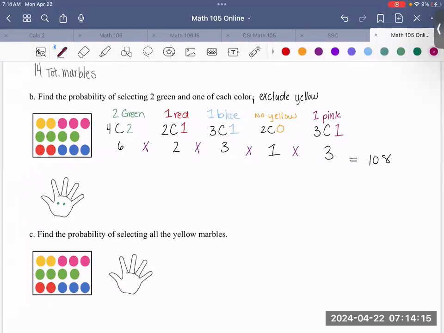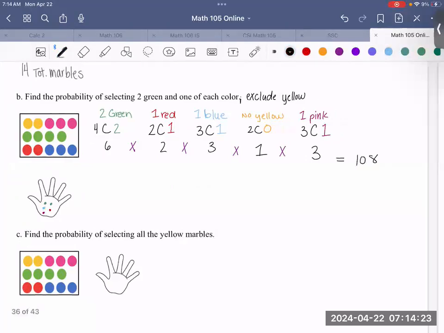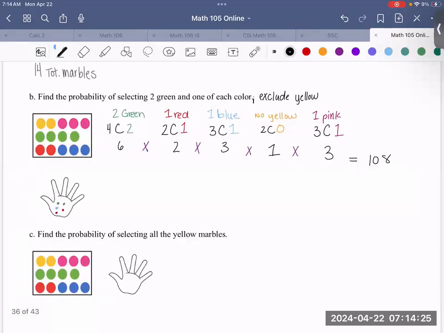Again, just by putting in your colors in here and blue. There you go. So you have 108, which is acting as your event. So the probability of your event here is 108 over 2002.